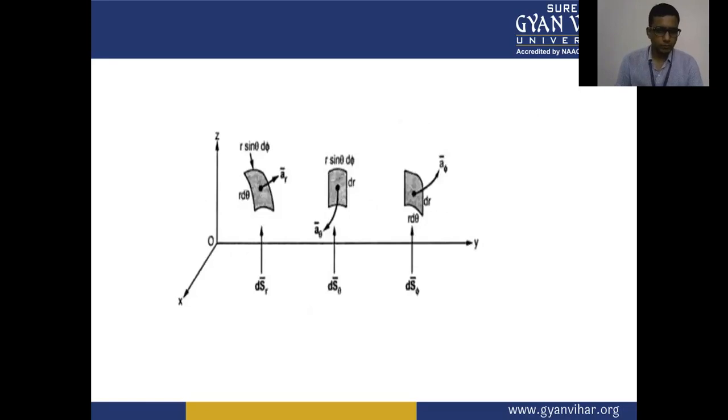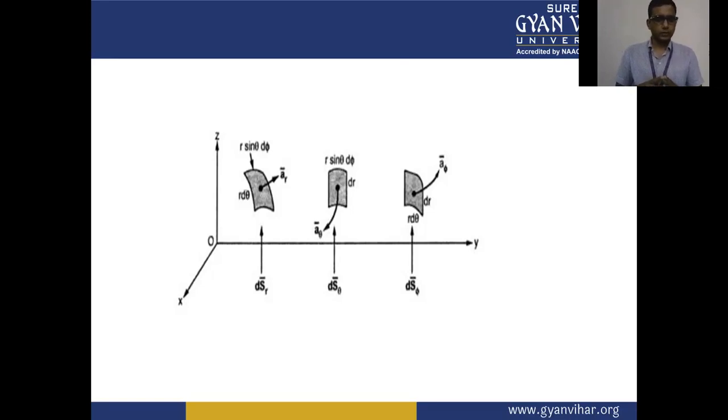This is the representation of our differential area in the unit normal vectors, that is r, theta, and phi. In the XYZ direction, the differential area dS_r, in the direction of the normal vector a_r, is the multiplication of r d theta and r sine theta d phi.